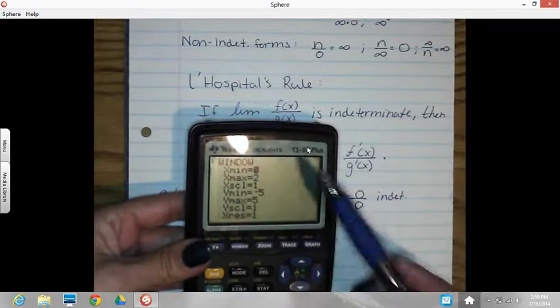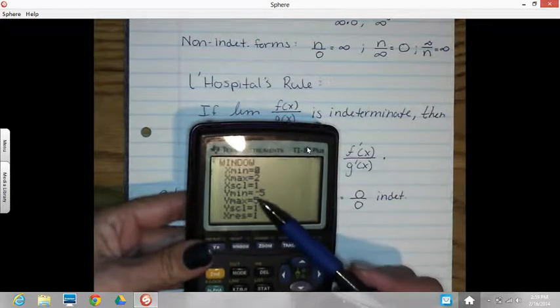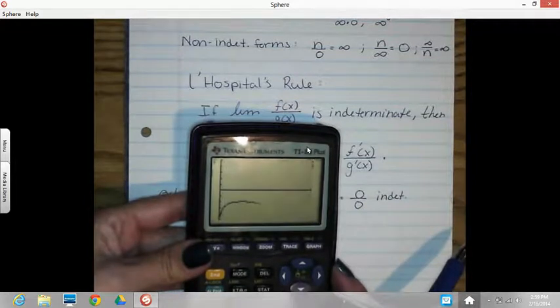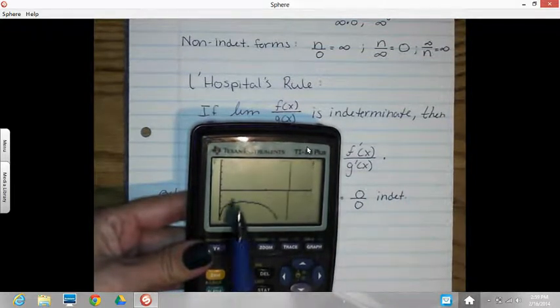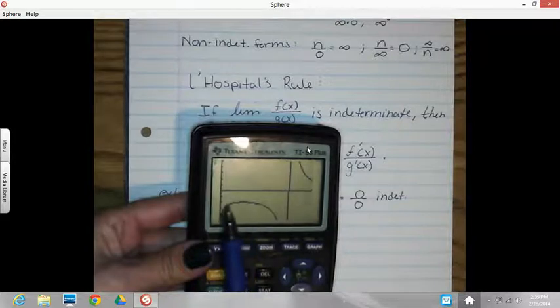So I just made the x go from 0 to 2, and the y negative 5 to 5. And this is 1 because I put the tick mark at 1, so I'm looking at what's happening at a half. There's obviously a hole in the graph here that's not showing up because I did get 0 over 0, so there's a hole here. But remember, a limit is the y value. What's this y value? It looks like it's at 2.